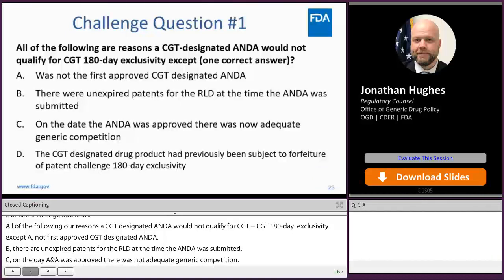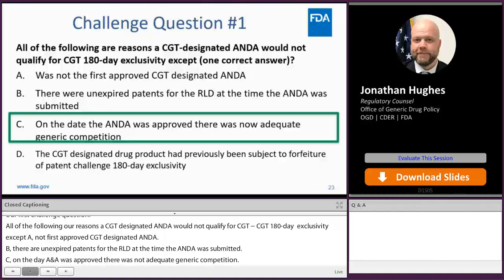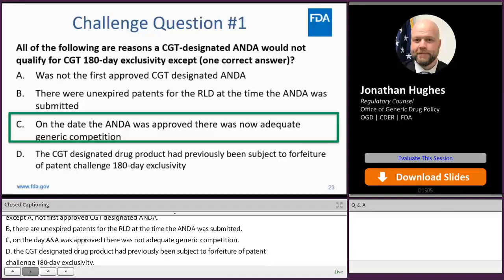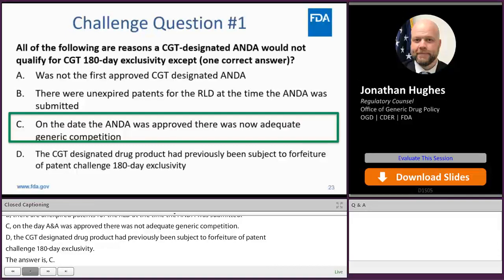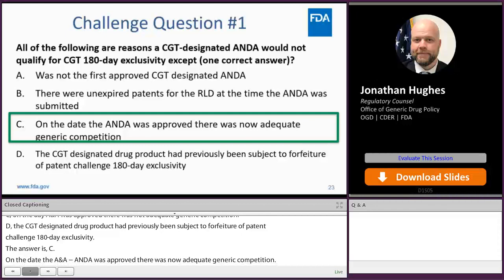And the answer is C, on the date the ANDA was approved, there was now adequate generic competition. So we talked about earlier inadequate generic competition, and that relates to CGT designation, not to CGT exclusivity.